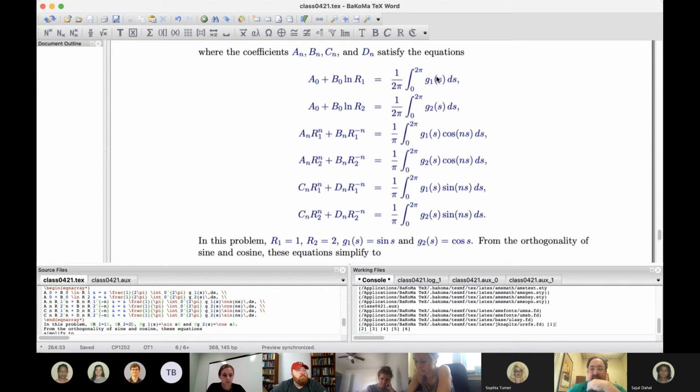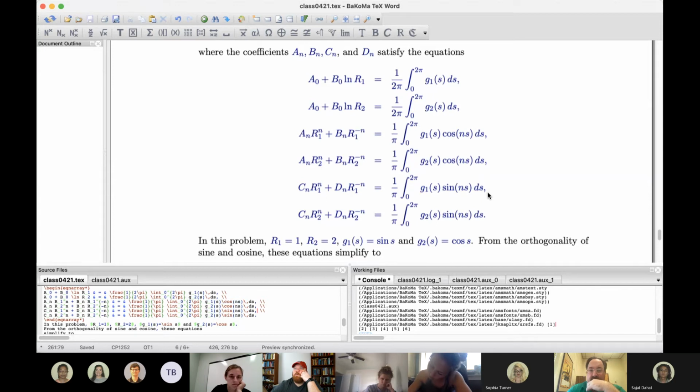Here you take advantage of orthogonality. The integrals of sine n theta or cosine n theta just by themselves are always 0. So we would get nothing from here. Here, with G_1 being sine, this will always be 0 because sines are orthogonal to all cosines.